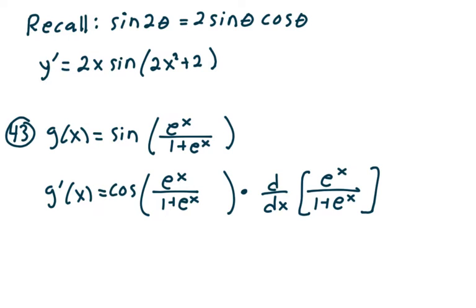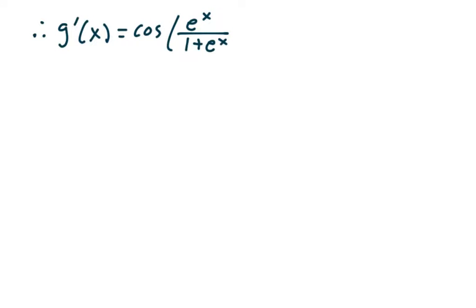Okay. Now, to take the derivative of e to the x over 1 plus e to the x with respect to x, we have to apply the chain rule. Not the chain rule, the quotient rule. So g prime of x is cosine of e to the x over 1 plus e to the x times.